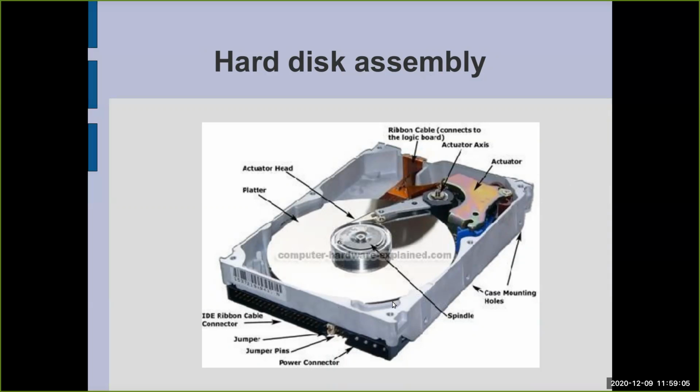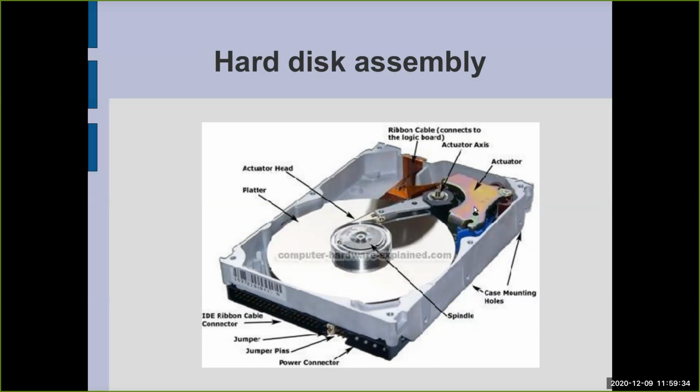A hard disk consists of plates rotating with constant speed, and we have an actuated head which is able to read data from tracks located on the platter.